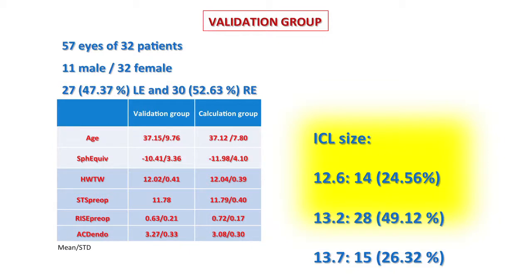This is what I call the validation group. This research is still going on, but these are the first results for 57 eyes. And you can see that the demographics are very similar to the calculation group I presented before. So we are getting a sample very close to the one I calculated the ICL on.